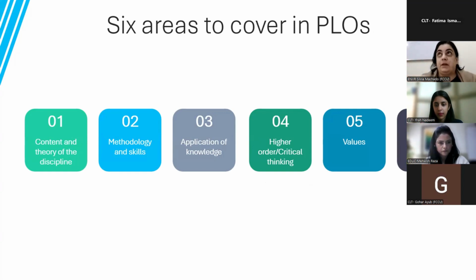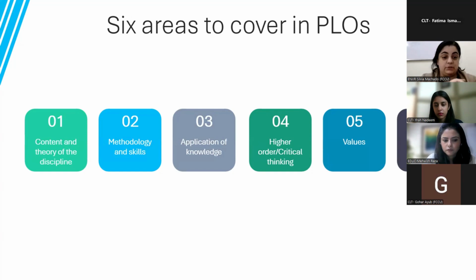Since it would not be feasible to have 9 or 10 student learning outcomes per course, we defined in our program that we should have minimum 6 student learning outcomes, and within these 6, 1 per area of these areas that cover the program learning outcomes.